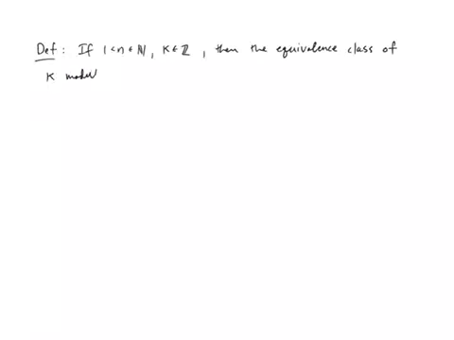Definition: if n greater than 1 is a natural number and k is some integer, then the equivalence class of k modulo n is the set denoted by k in square brackets, like above.